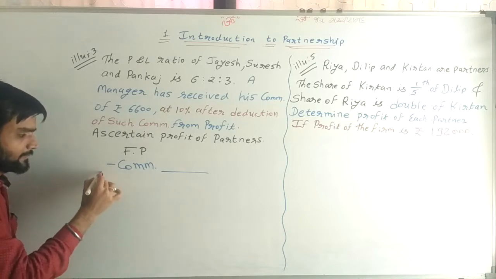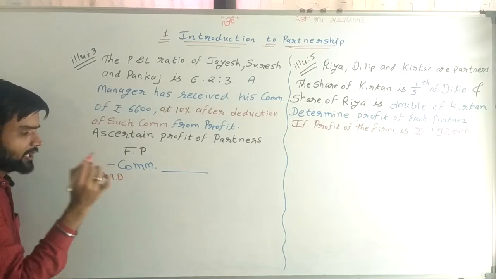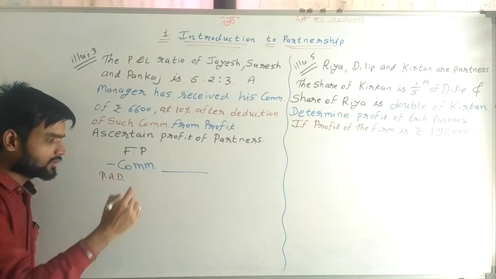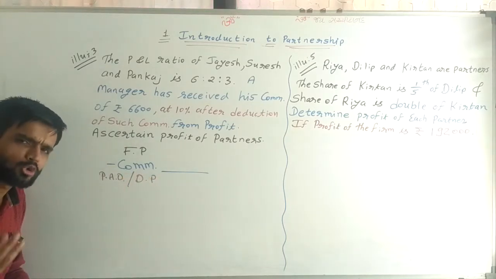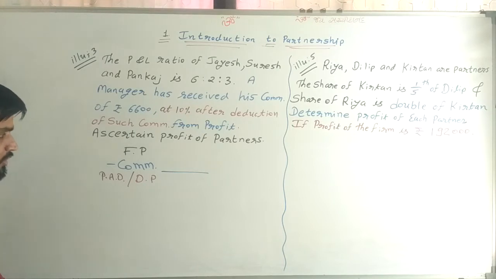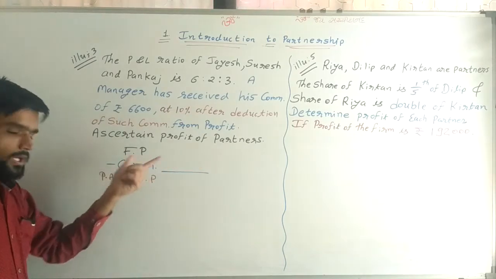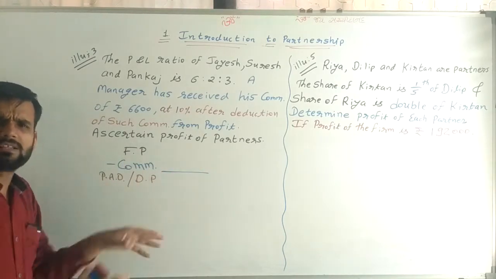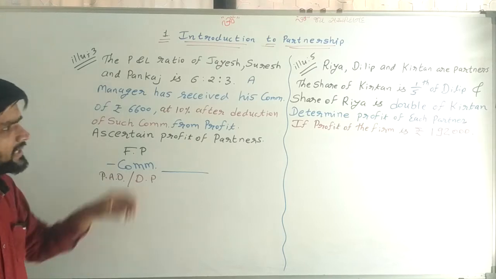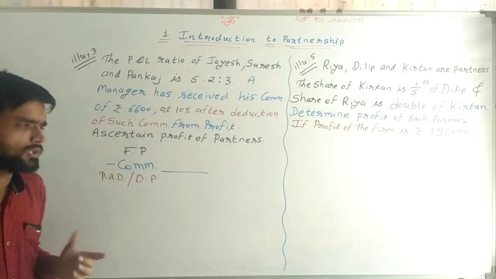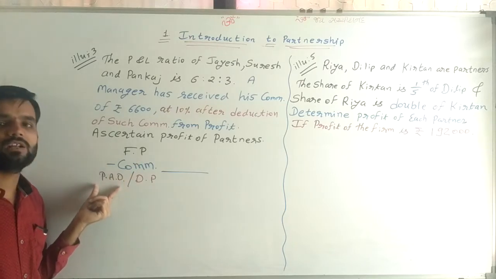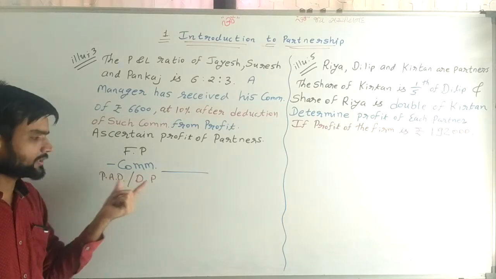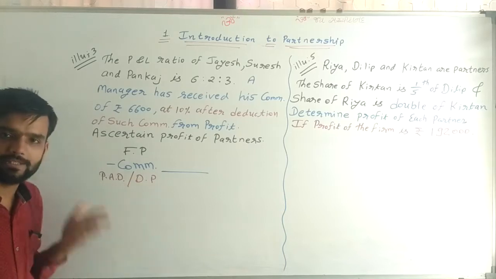So profit after deduction of commission, or we can say divisible profit, both are equal. So firm's profit, commission, profit after deducting commission, divisible profit. This format is fixed in this type of questions.